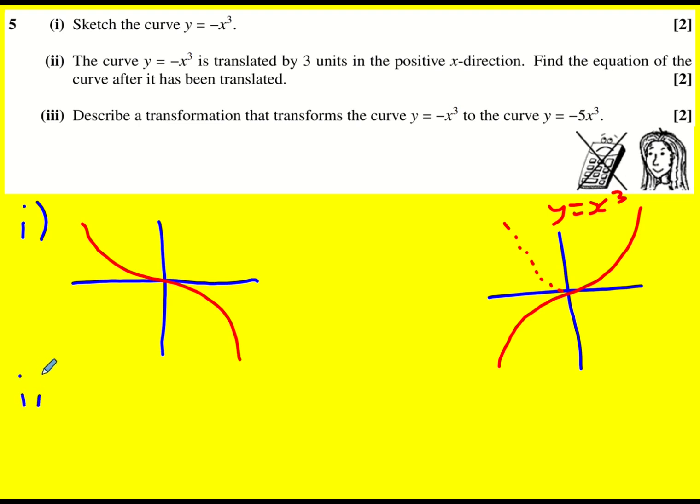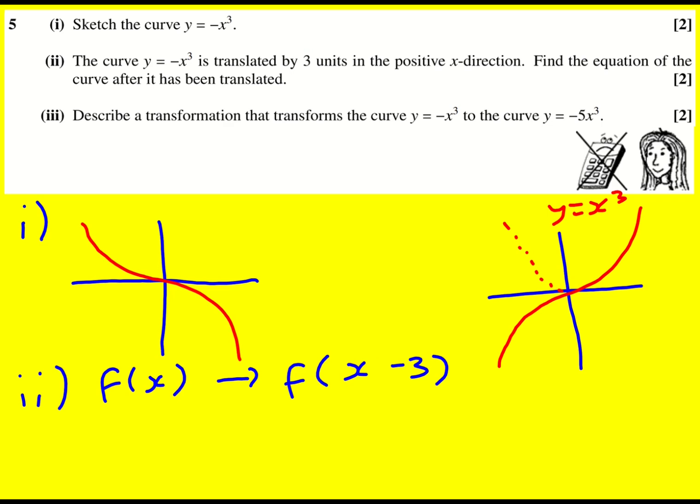In part two, we're told the curve y equals minus x cubed is translated by 3 units in the positive x direction. Now, when you get this, basically it becomes f of x goes to f of x minus 3. If it's 3, it becomes minus 3. If it was translated by minus 3, then it'll be positive 3. So you need to remember that.